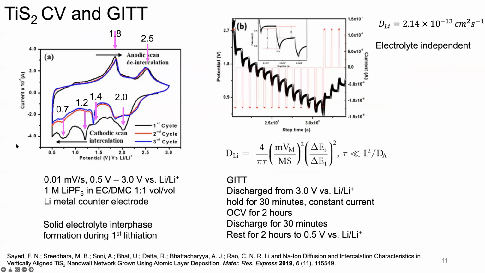So for TiS2 in this particular study, the agreement between CV and GITT is actually quite good. GITT gives the diffusion coefficient of lithium ions on the order of 10 to the minus 13 centimeters squared per second, using this relationship between the potential differences during the pulse and then the relaxation time.